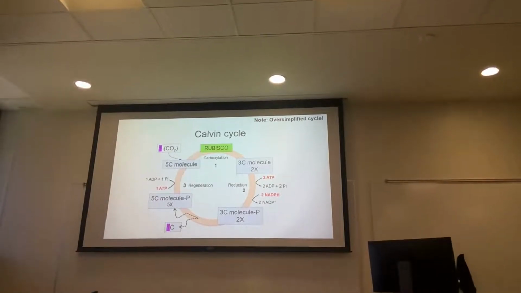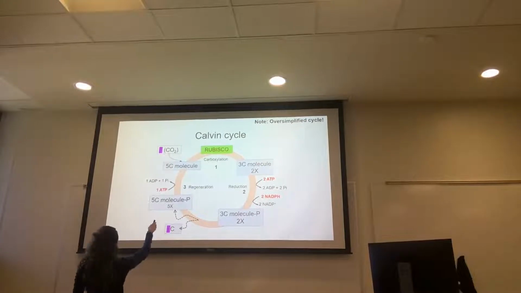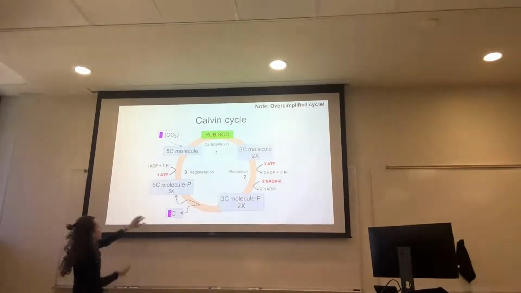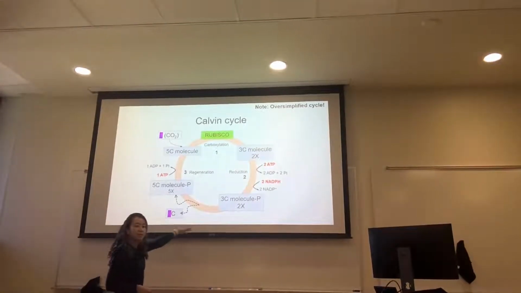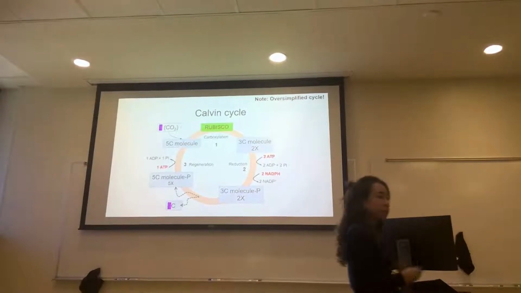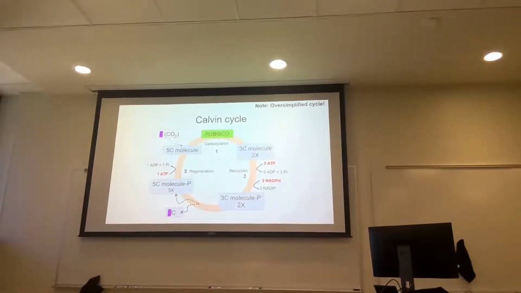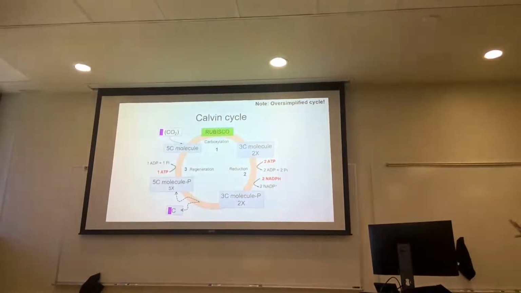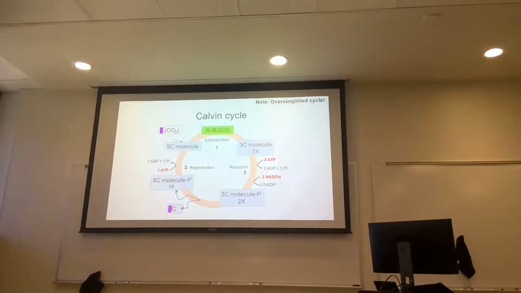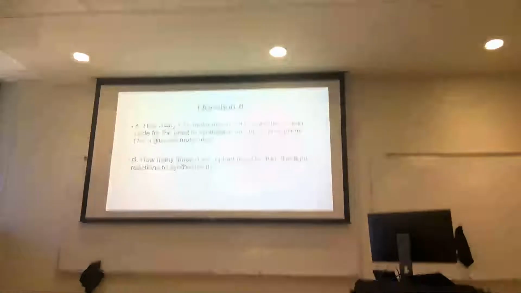So if you have 3 here, you're going to have 3 out. If you have 6 CO2s, 6 carbons of glucose. If you have 12 carbons, that would be 2 glucoses. So 3 CO2s will give you, if everything works in theory, 1 3 carbon sugar or 1 molecule of glucose.